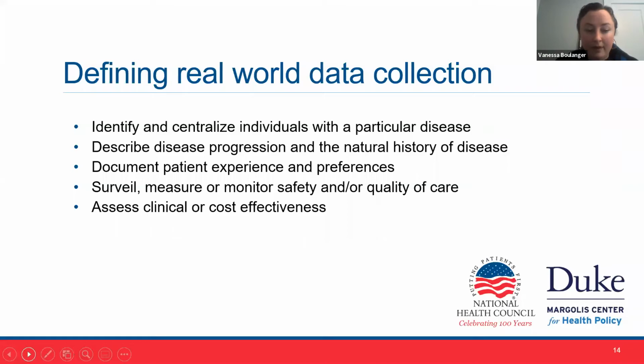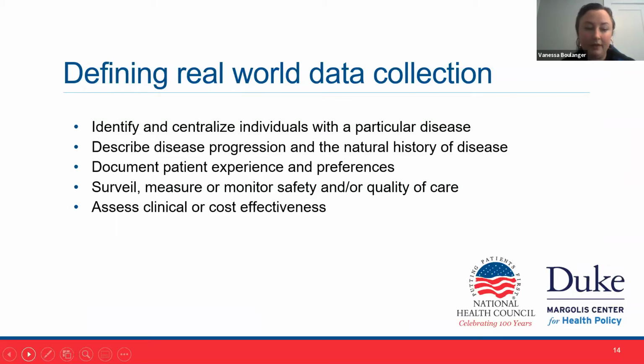Next slide. So then as we think about how we're defining real-world data collection, there are lots of ways to think about how we're defining our approach to these studies. So how you think about establishing a patient registry, and then how you're designing and defining the real-world data that will get collected in that patient registry is a really critical first step.